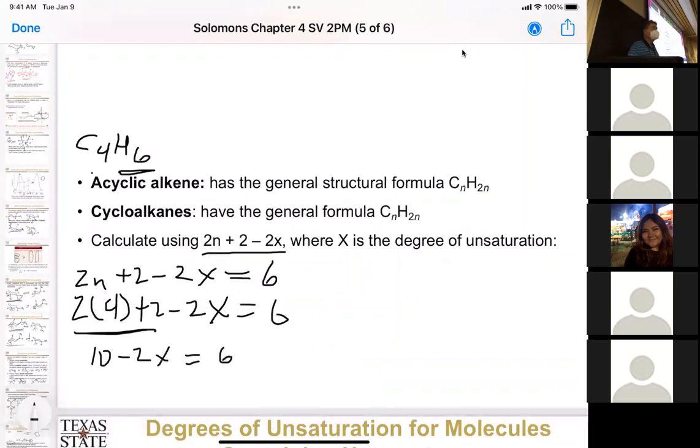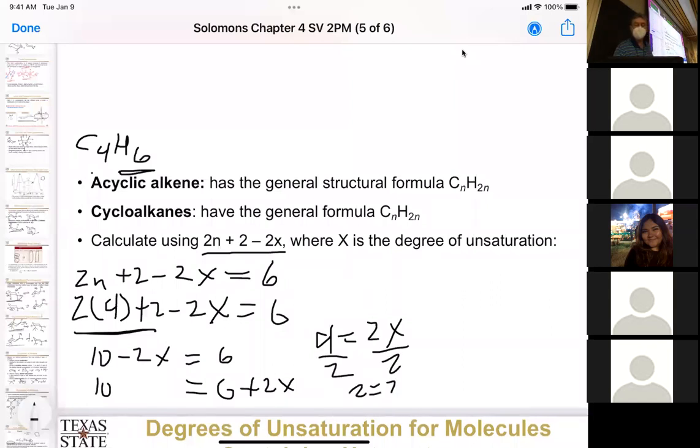Now, I don't like that x being negative, so I'm going to add 2x to both sides. So we have 10, the 2x's will cancel out on this side, is equal to 6 plus 2x. Now I'm going to subtract 6 from both sides. And that way we're going to have 4 is equal to 2x. And now if I divide by 2, I get x.